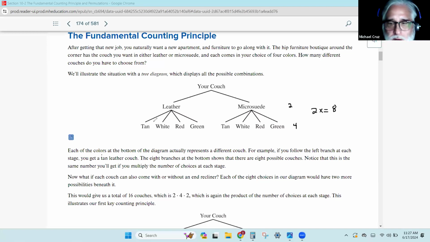All right, and you can see right here. So it would be LT, LW, LR, LG. Leather tan, leather white, leather red, leather green. And then over here, it's going to be the microsuede tan, the microsuede white, the microsuede red, and the microsuede green.